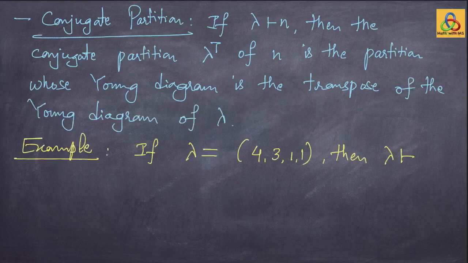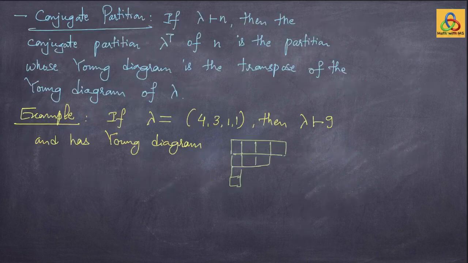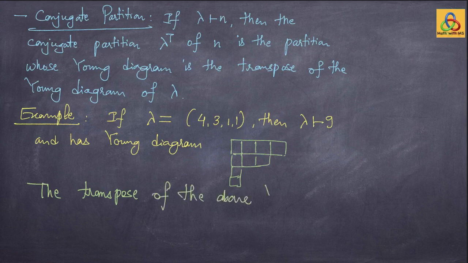If we take lambda equals 4, 3, 1, 1, then lambda is a partition of 9 and has the following Young diagram. The first row will have 4 boxes, the second row 3 boxes, the third row 1 box, and the fourth row 1 box. Then what is the transpose of this diagram, or equivalently the conjugate partition? The transpose of the above Young diagram is the following.